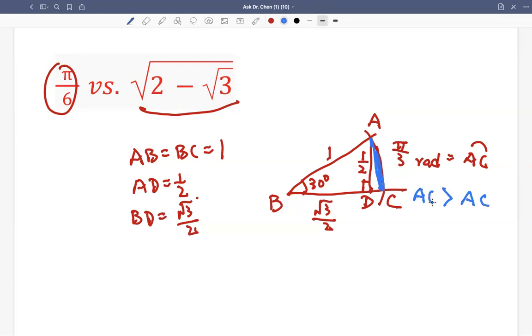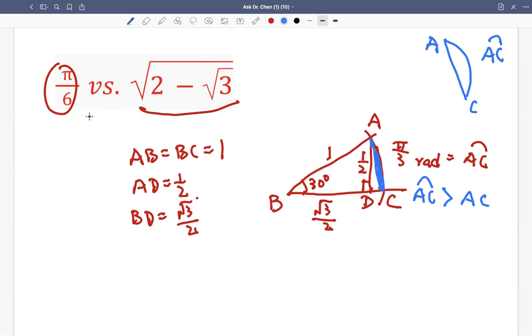Because the arc length of AC is this curvy part, and the straight is this. So this is A, this is C. And of course, the straight AC is less than the arc length of AC. Right?